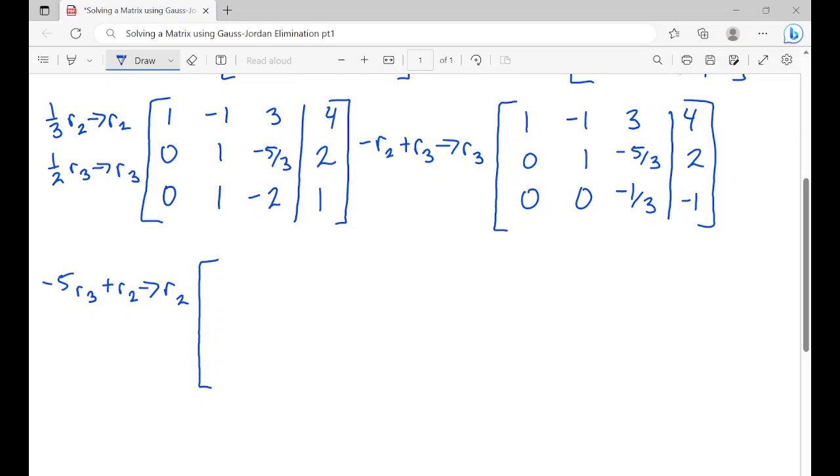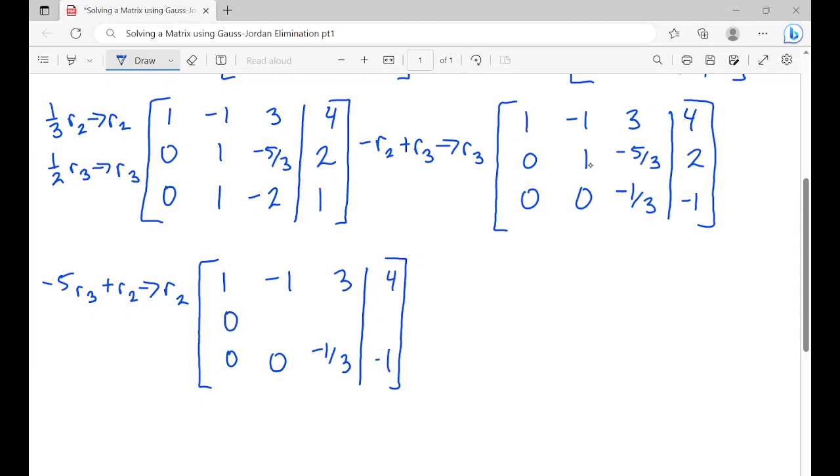So row 1 and row 3 stay the same. So 1, -1, 3, 4, 0, 0, -1/3, -1. And now 0 times -5 is 0 plus 0 is 0.